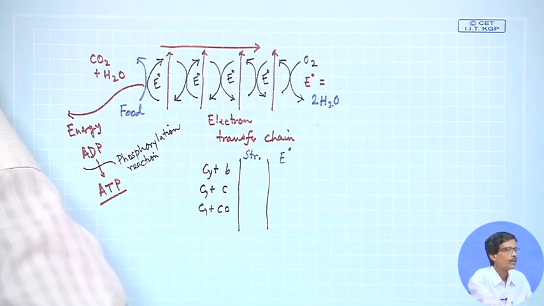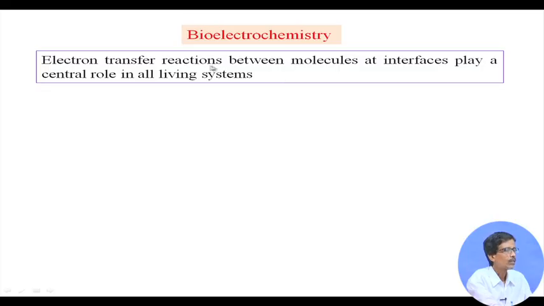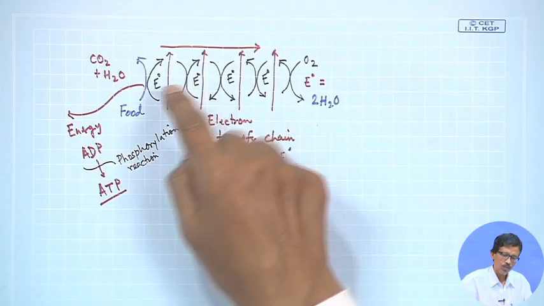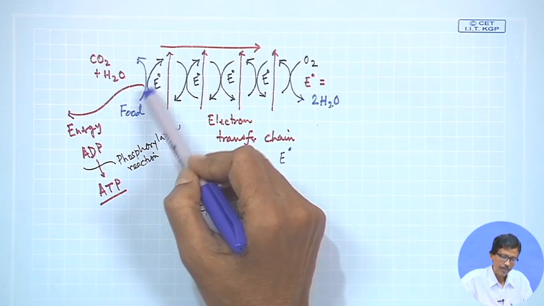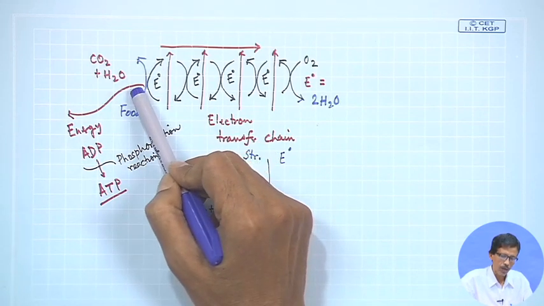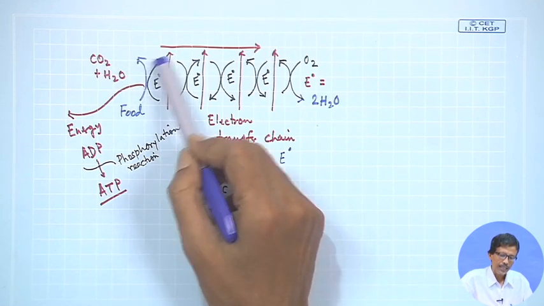What does this particular example tell us? It is electron transfer between molecules. The molecules are now your mediators, like the different cytochromes in the cytochrome electron transfer chain, at interfaces. One species accepts the electron from that particular food material, so it goes to the oxidized form and the other gets the reduced form.